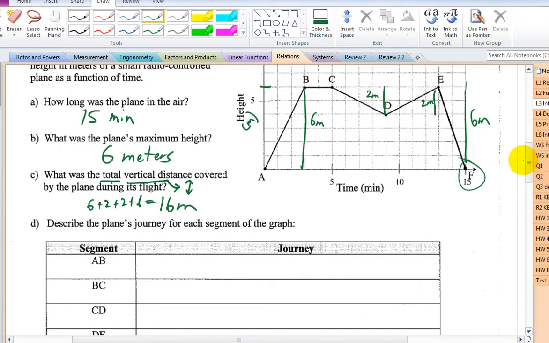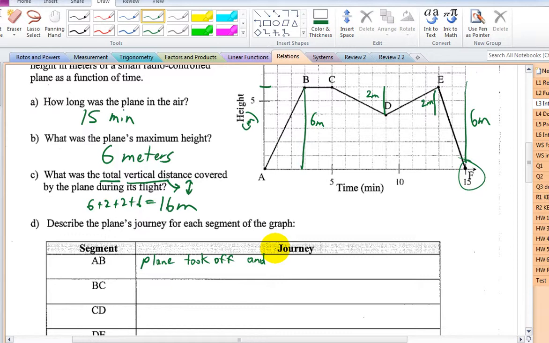Okay. So now we have to describe the plane's journey for each segment of the graph. What happened from A to B? What did the plane do? Right. When they leave the ground, we say they take off. So the plane took off, and did what?